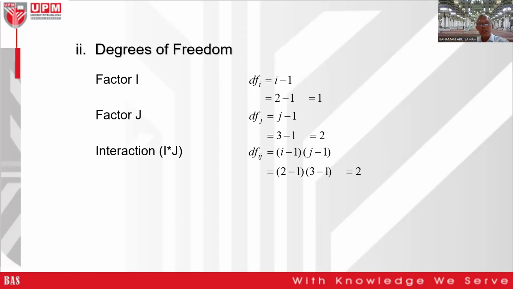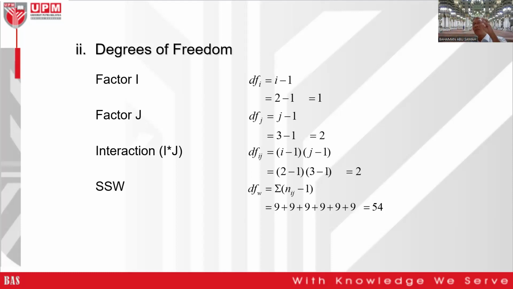For the interaction, I minus 1 multiplied by J minus 1. So I minus 1 will be 1, and then J minus 1 will be 2. So 1 multiplied by 2 will be 2. Next will be for sum square within, summation of Nij minus 1. For each cell, remember, we have 6 cells.